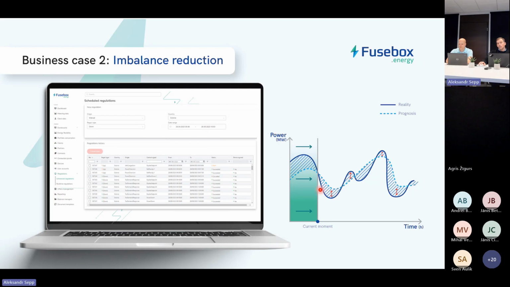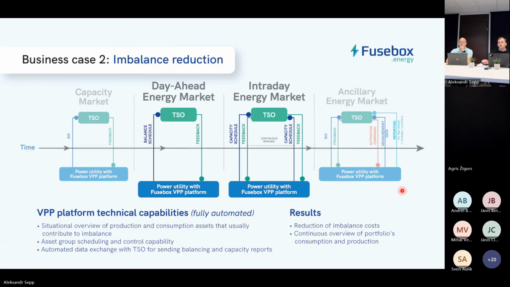And as you can see, it's a nice graph of how you can make different kinds of regulation, to be really precise with your day-ahead prognosis. That manual activation can bring you even more revenue from the trading.